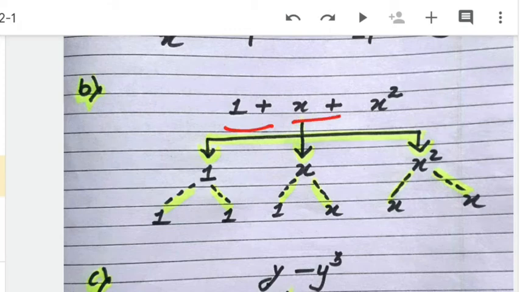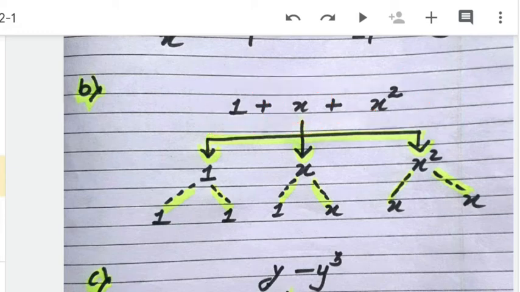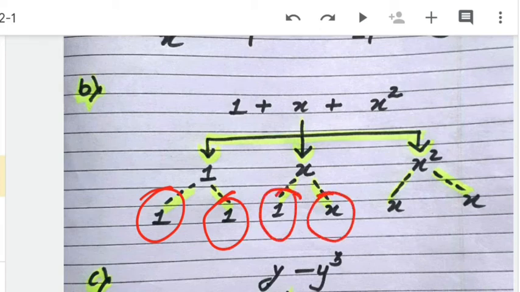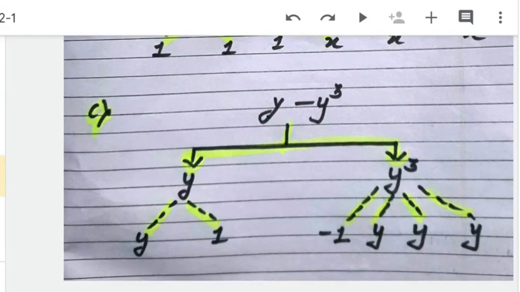The second is 1 plus x squared. Here we have three terms. Okay, you can see the first one is 1, the second term is x, and the third is x square. The factor for 1 could be 1 into 1, the factor of x could be 1 into x, and the factor of x square is x into x. Similarly, in part C we have two terms, y and y cube.